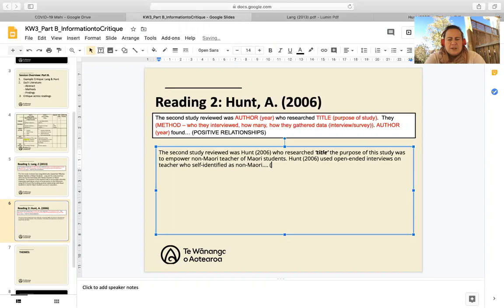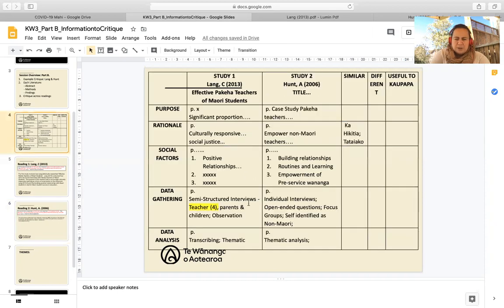Here you might even start looking at what questions were asked. So again, even though it says here, you could put more information here, the information that's useful. Hunt. I can't remember if you need to put the year in each time. Sometimes I don't think you need to. Hunt found that, now we go back to that relationship part. Keep going back to our thing here.